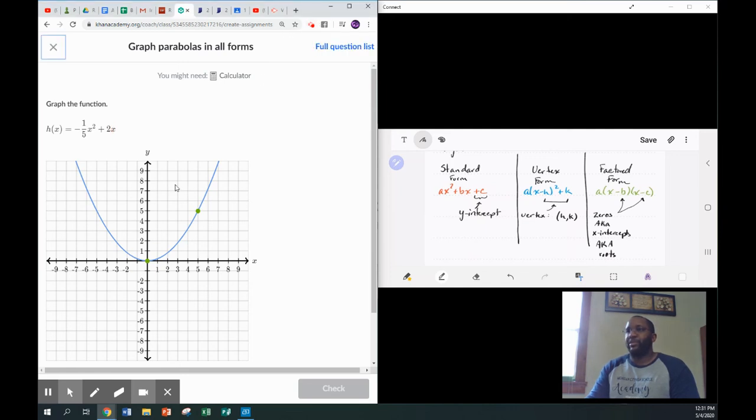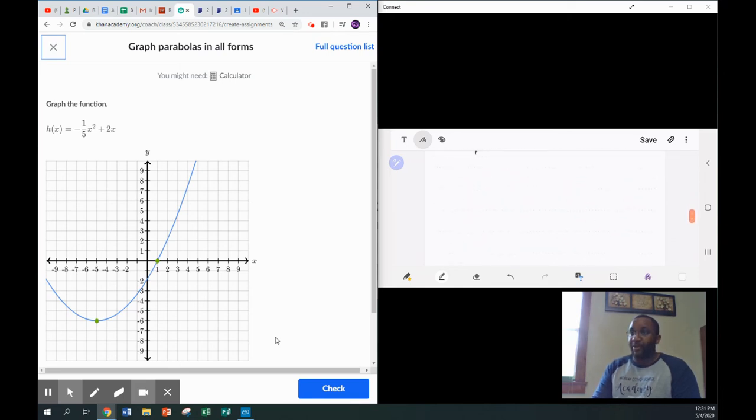So I know I'm going to have this thing going through 0 somewhere. So how do I figure out the rest? Well, you can still find your axis of symmetry, and that should take care of the rest. Once again, this is review, but if you've forgotten it, that's okay.